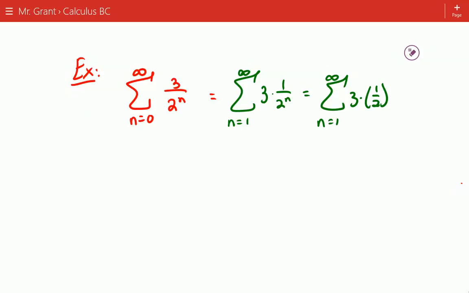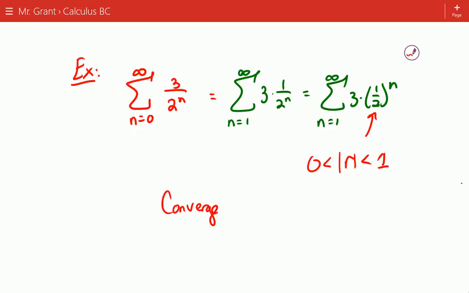But the reason this is useful is because now we can see this series for what it truly is, and it's an infinite geometric. We note that the value of r is indeed between 0 and 1, so it's going to decrease the value of the sequence for every value of n that increases, and therefore we know it's going to converge.